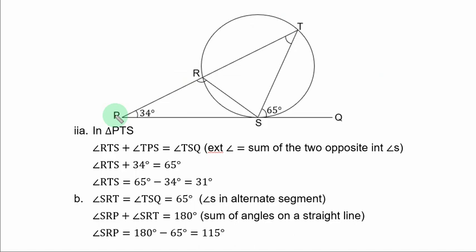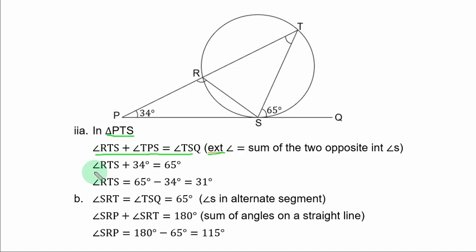So you have the same diagram. Remember figure 2a, we are to look for angle RTS. So let's consider triangle PTS. You have angle RTS plus angle TPS equal to angle TSQ. Exterior angle equal to sum of the 2 opposite interior angles.